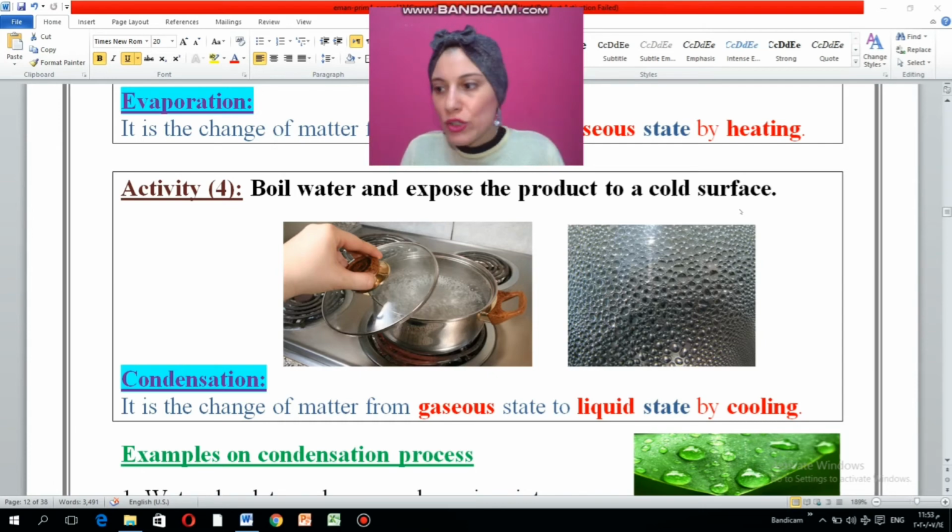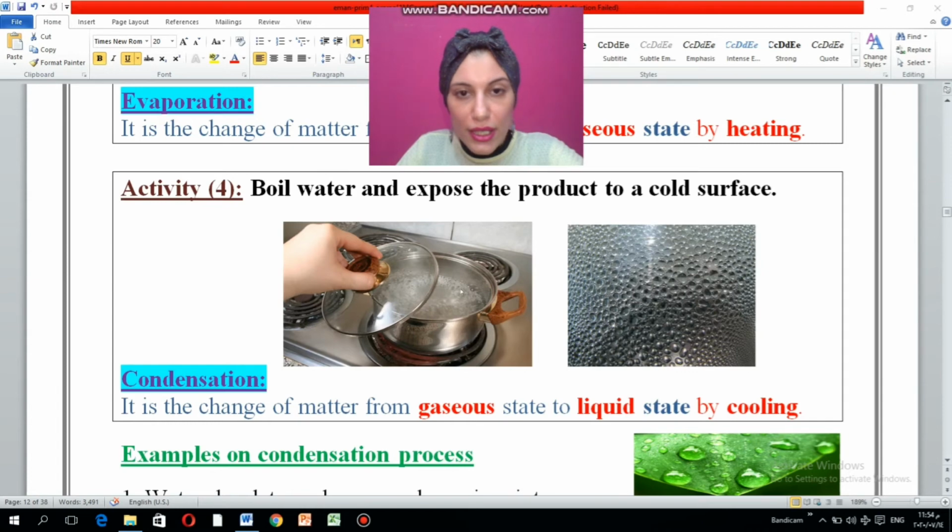Expose يعني هعرضه لcold surface يعني سطح بارد. زي ماما في المطبخ cooking pot، ميه بتغلي وهي جابت غطا وحطيته فوق الكوكينج بوت. ايه اللي هيحصل؟ هنلاقي فيه نقط ميه اتكونت على الجلاس of the cooking pot، الغطا يعني.